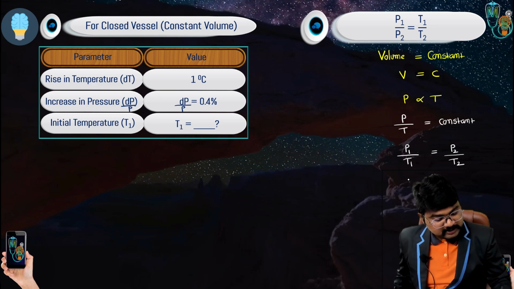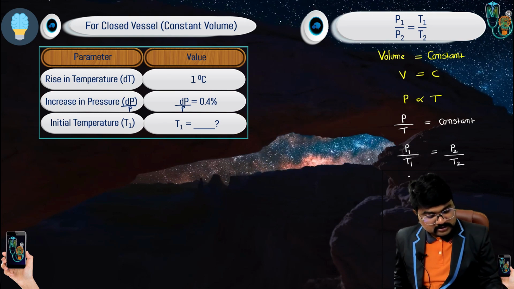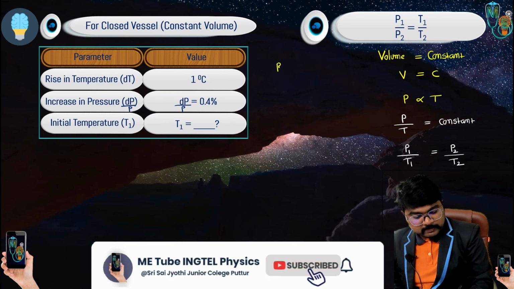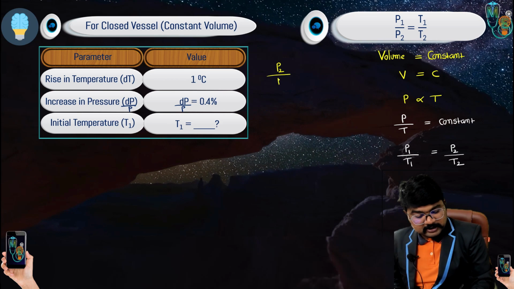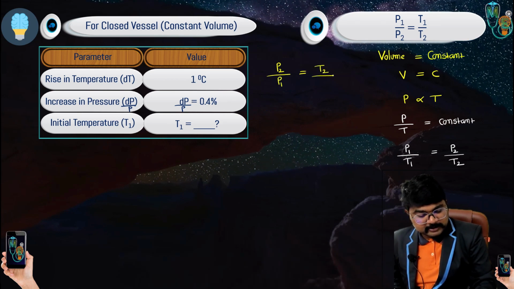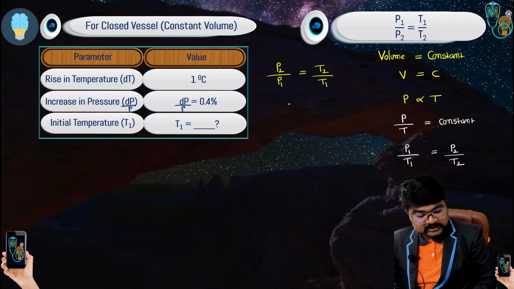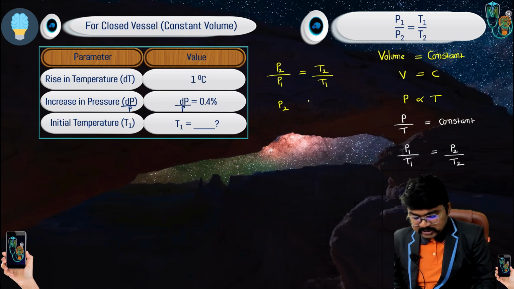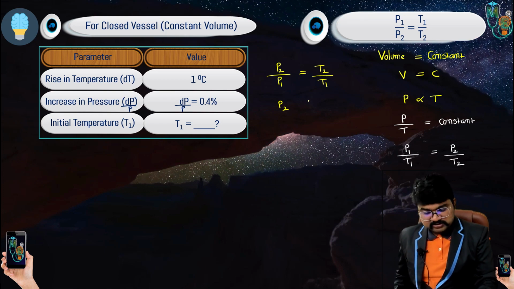So finally P2 by P1 equals T2 by T1. You need to calculate temperature T1.